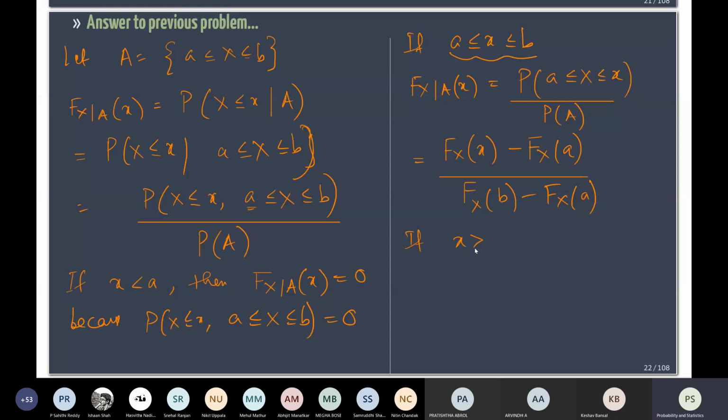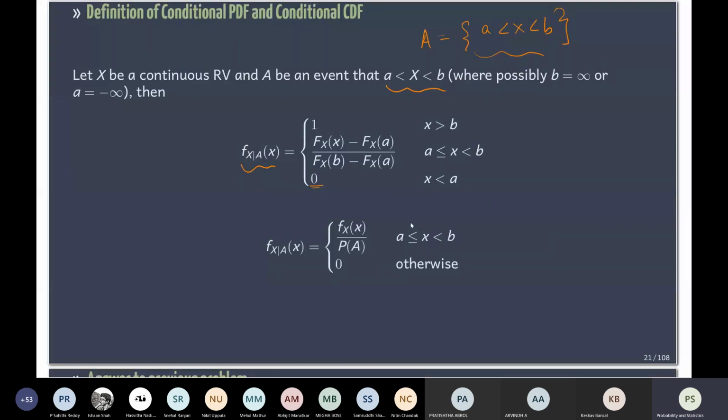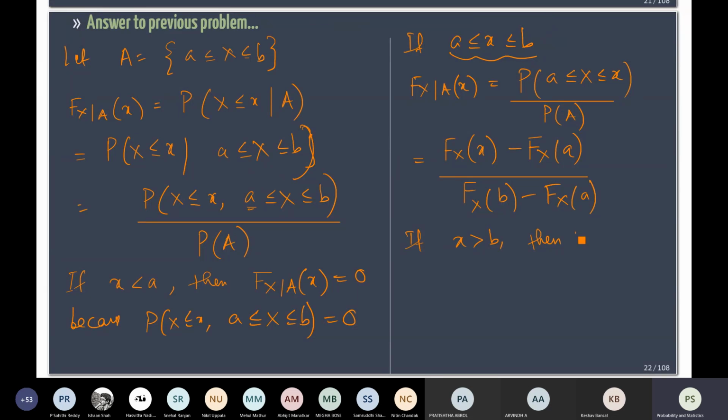If X is greater than B, then the CDF is going to be 1, because in this case it's 1.